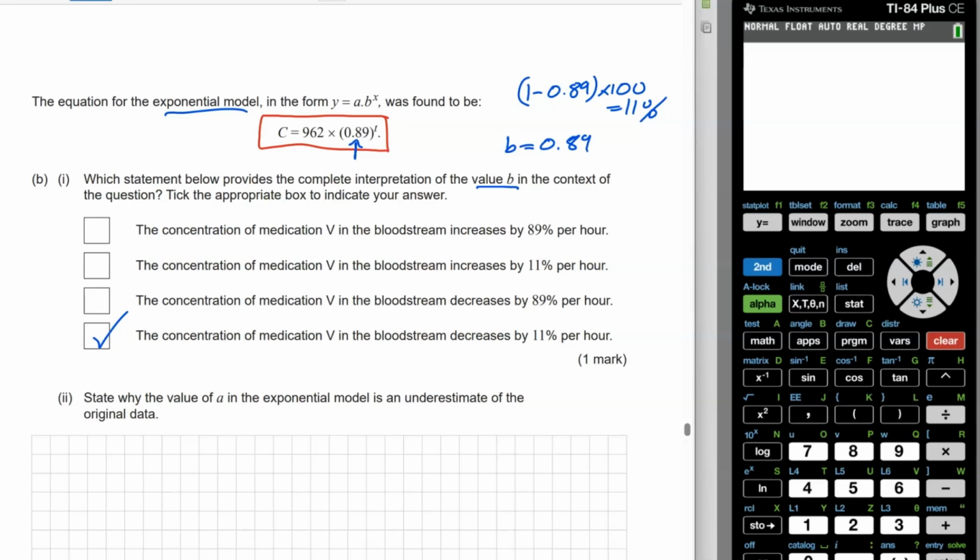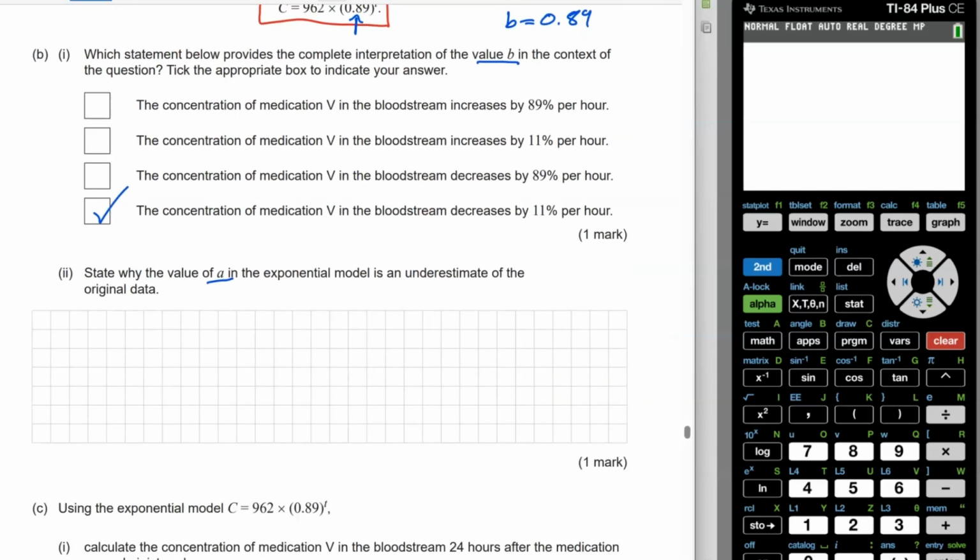Okay, and then we move on to talk about a, and a is going to be 962. So why is that an underestimate of the original data? Well, this is the initial concentration.